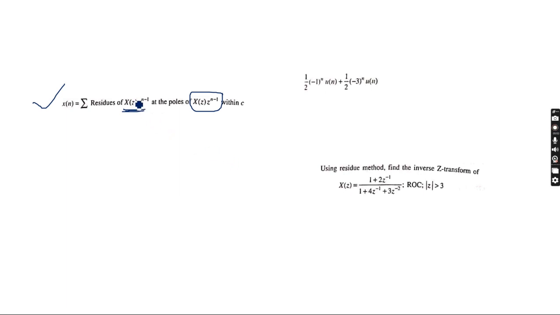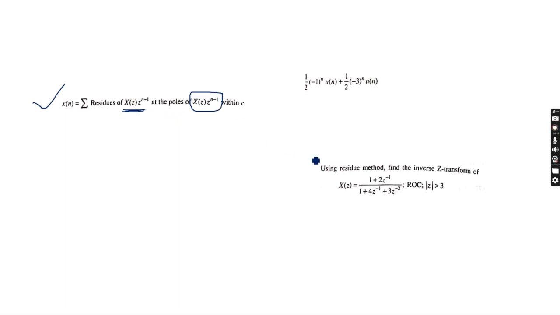Then at each pole you have to find out this value. That means substitute the pole value in this expression. Then you can take the sum of all the values at each pole of the X of z.